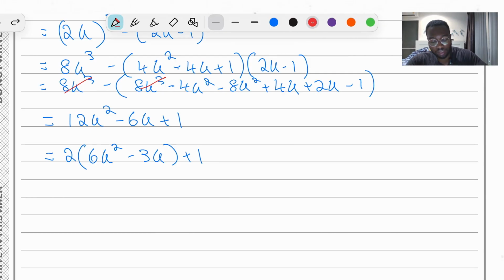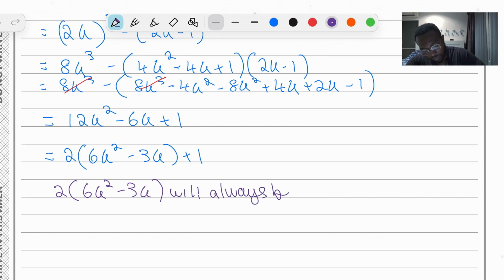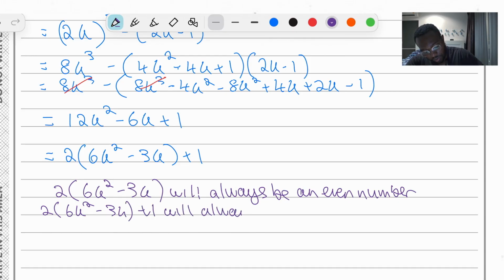So again, we can say the same thing we did in the previous question, right? We can say that 6k squared minus 3k will always be an even number, and therefore 6k squared minus 3k plus 1 will always return an odd number.